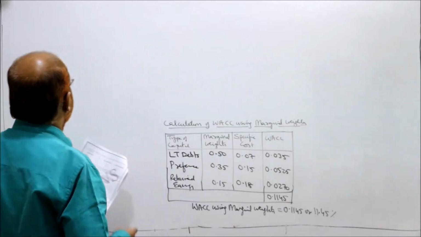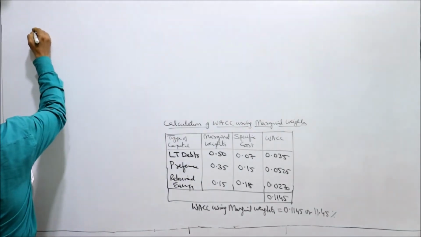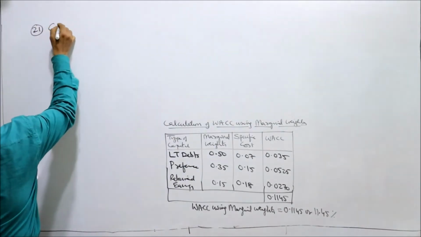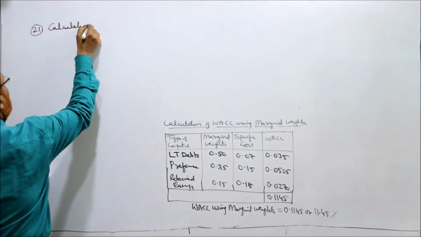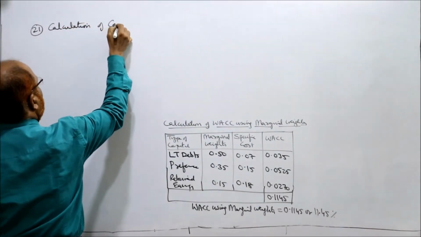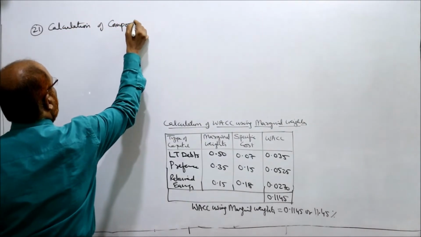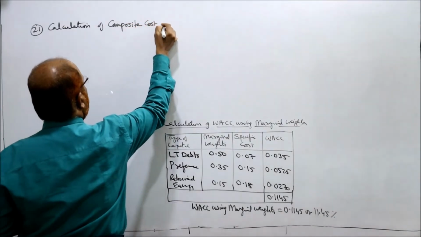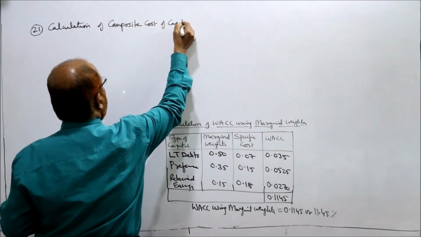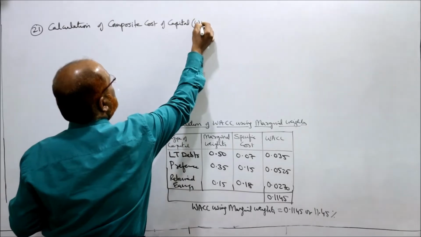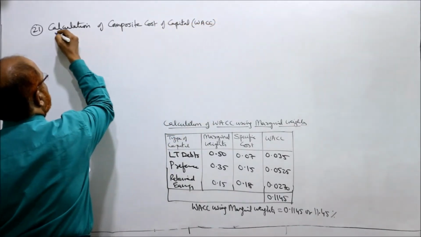This is problem number 21. Calculation of composite cost of capital. Composite cost of capital means WACC.